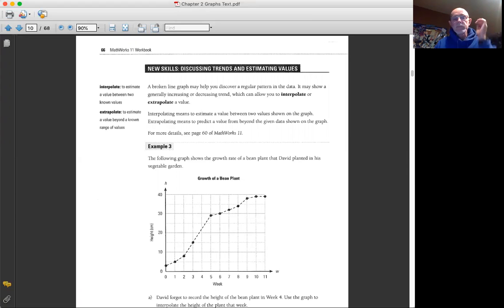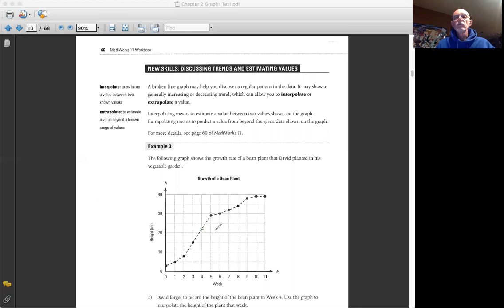So like for me, I'm looking, here's 4, and it looks like it crosses right about there. So there's 20. This is 25. 22 and a half would be exactly halfway. So I'm going to guess that this is going to be about 22.